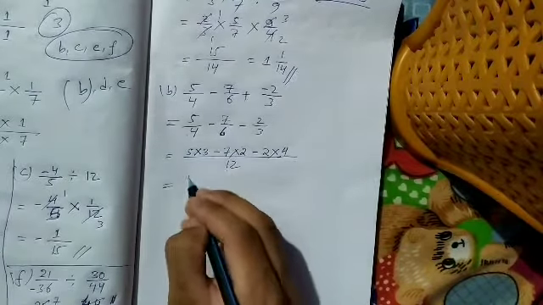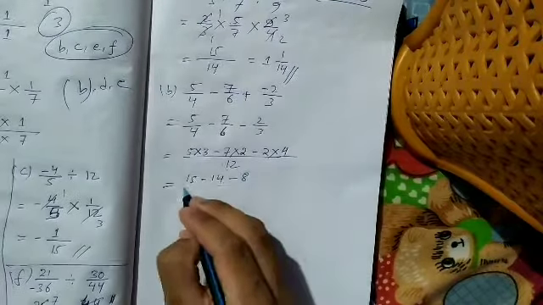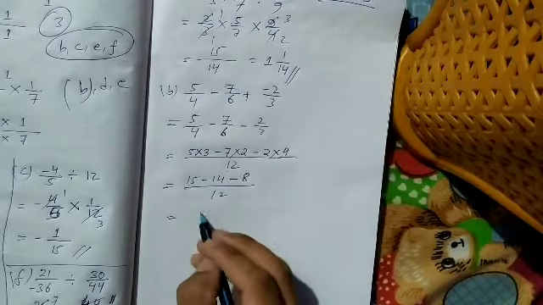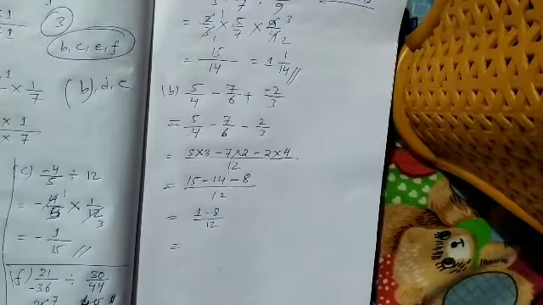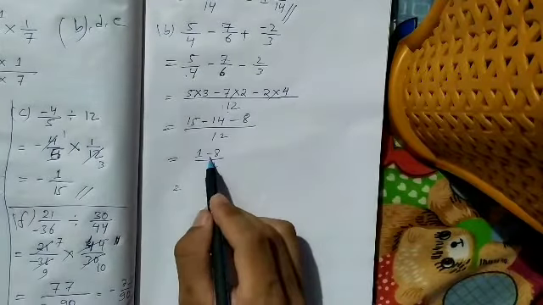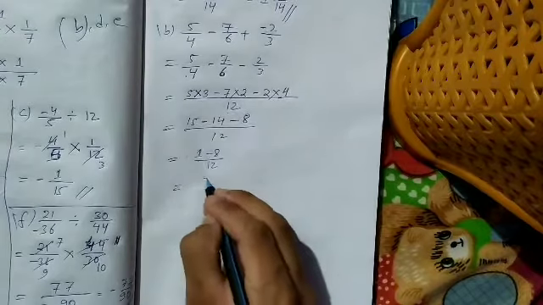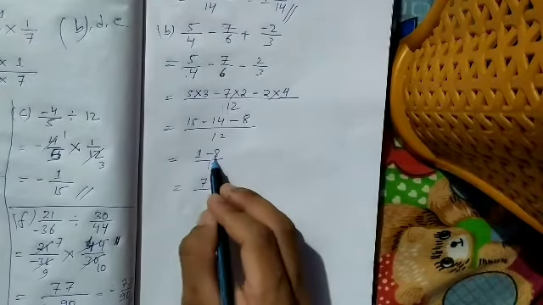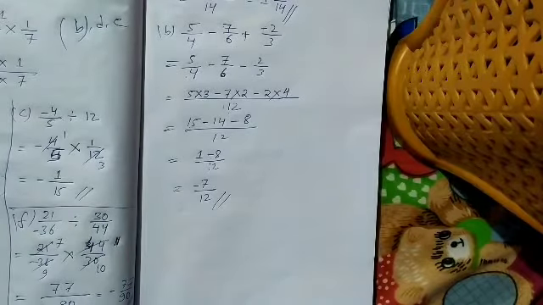So here you can do 15 minus 14 minus 8 divided by 12. 15 minus 14, first you will do this one, is 1, minus 8 by 12. So 1 minus 8, plus into minus, minus. If you subtract, 8 minus 1 is 7, but you have to write the sign of the greater one. The greater one is 8, in front of 8 we have minus, so it will be minus 7 by 12. So this is the answer.